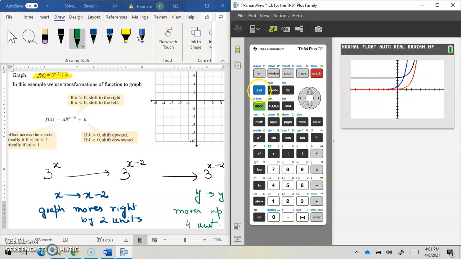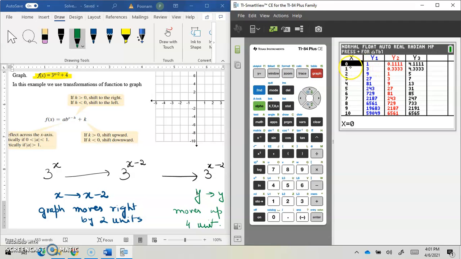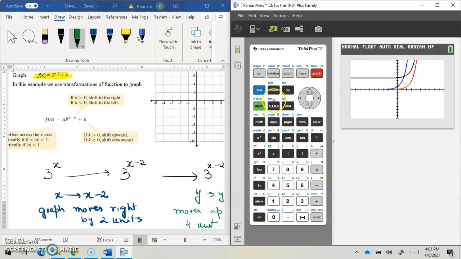And actually you can press second and table to look the values of each of these functions. So at 0 it is 1, and then it goes different point, and at 4.11. So this is your graph, the final.